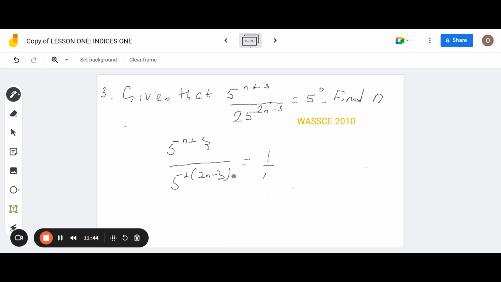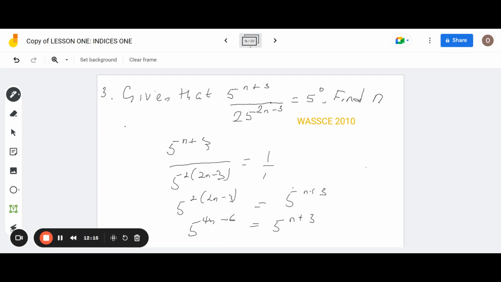Then cross multiplying this will give us 5 raised to power 2 into 2n minus 3 equals 5 raised to power n plus 3. And since the bases are equal, the indices are equal. You can multiply this out, giving you 2 times 2n times minus 3, which gives 5 raised to power 4n minus 6 equals 5 raised to power n plus 3.